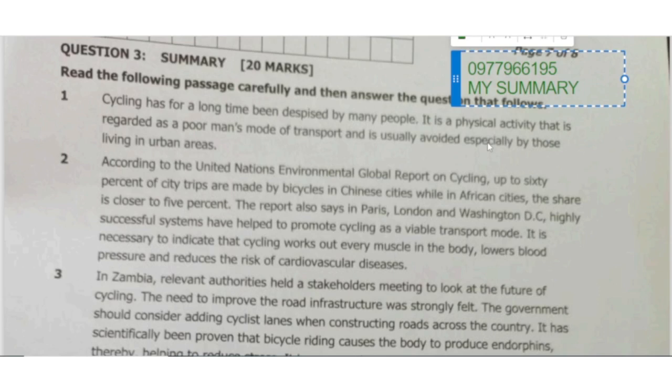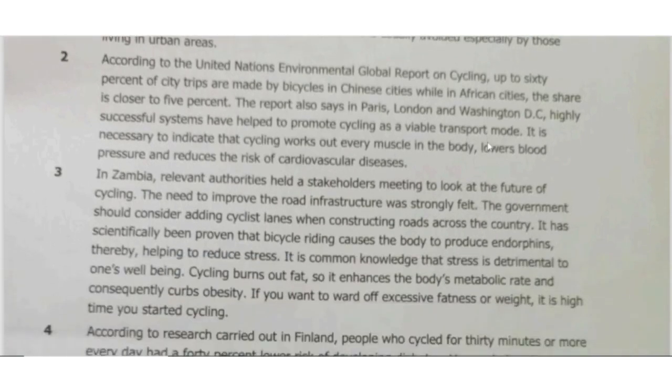It is necessary to indicate that cycling works out every muscle in the body, lowers blood pressure and reduces the risk of cardiovascular disease. In Zambia, relevant authorities held a stakeholder meeting to look at the future of cycling.